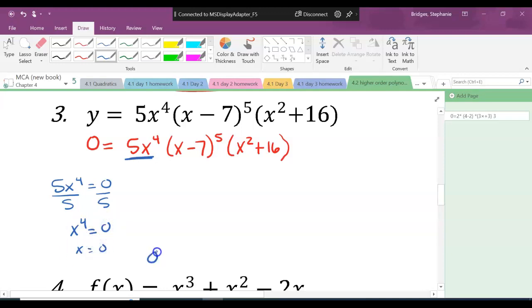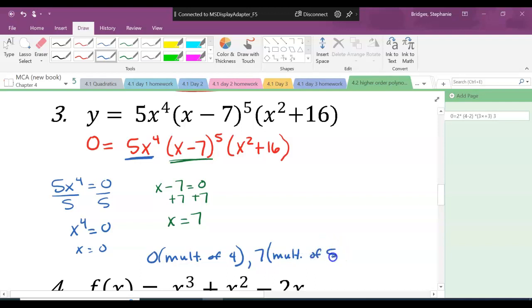Okay. So that is 0 with a multiplicity of 4. Then we're going to do this x minus 7, set it equal to 0. And how many times does that answer occur? 5 times. So that's going to be 7 with a multiplicity of 5.